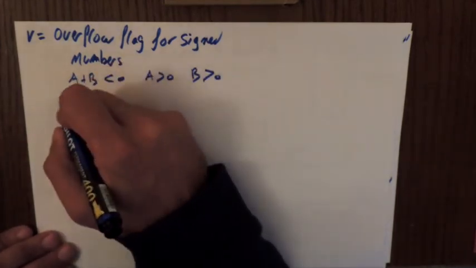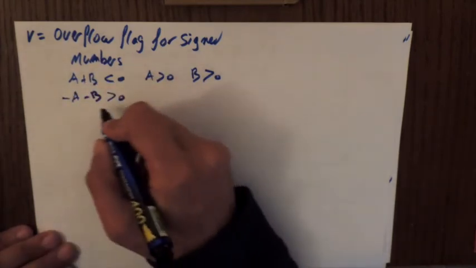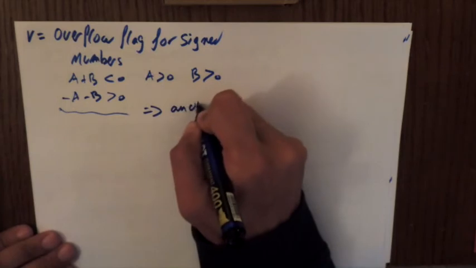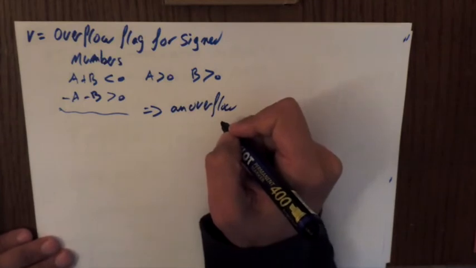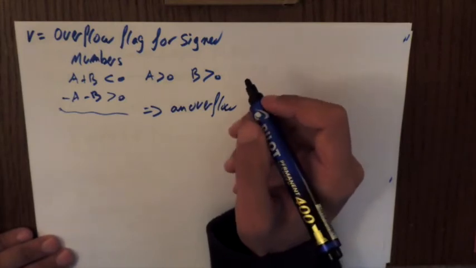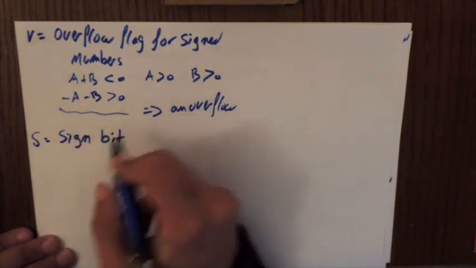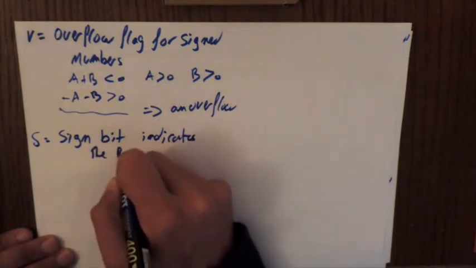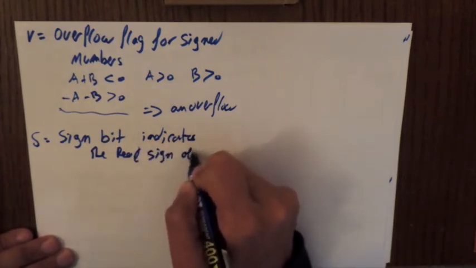Or if we have minus A minus B is greater than 0, then if these conditions are happening, implies we have an overflow. Now, if an overflow occurs, this means that the most significant bit is not an indication if number is a negative or a positive. So here we have the sign bit. So the sign bit indicates the real sign of the result.